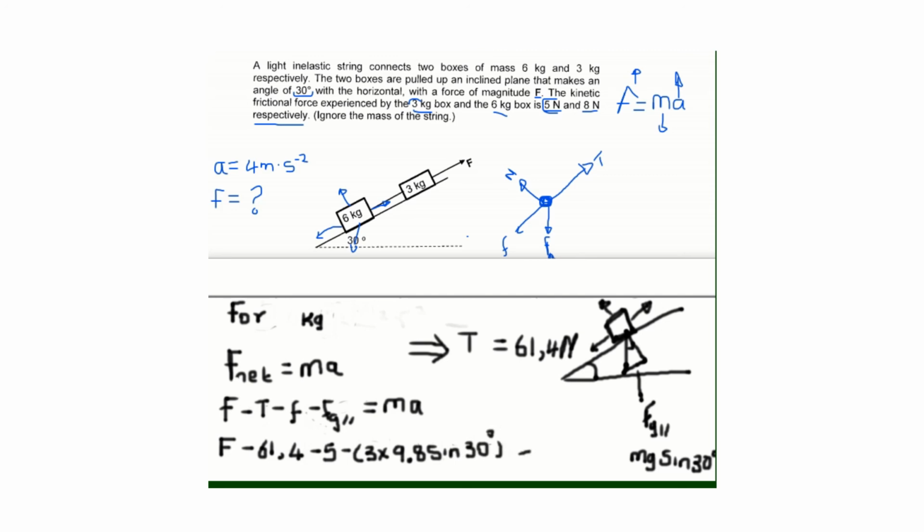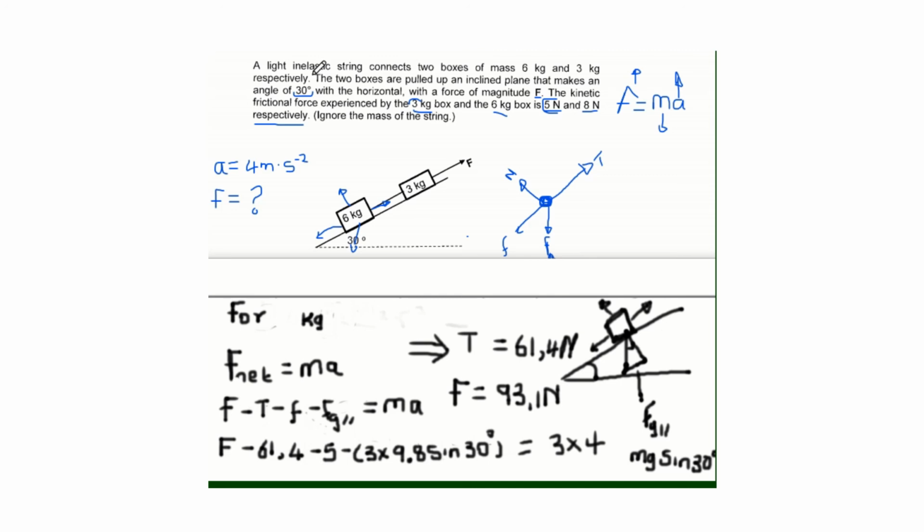Close brackets. This is equal to the mass multiplied by acceleration. Mass is 3 kilogram multiplied by acceleration, which is 4 meters per second. So after pressing a calculator, we find that the value of the force applied is equal to 93.1 Newton. So that is it.